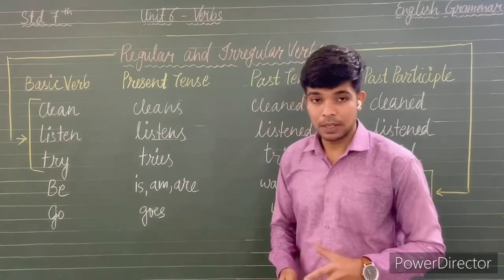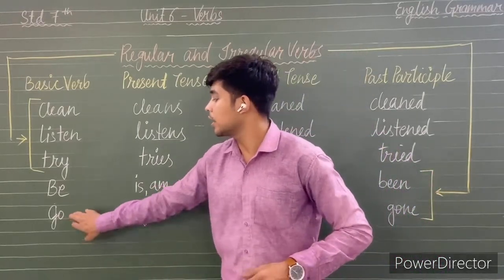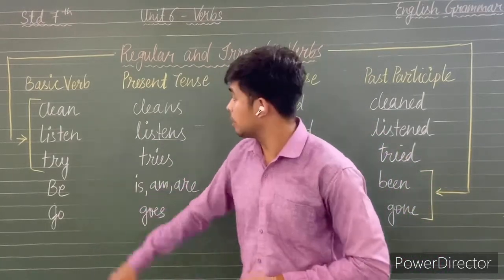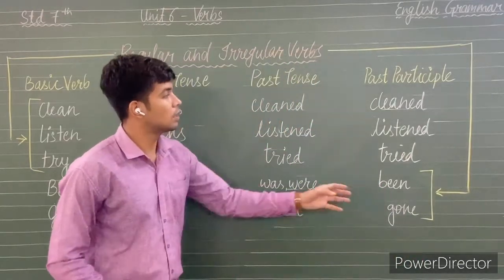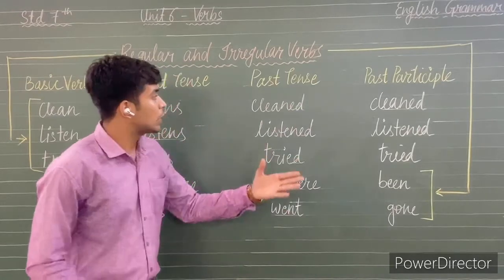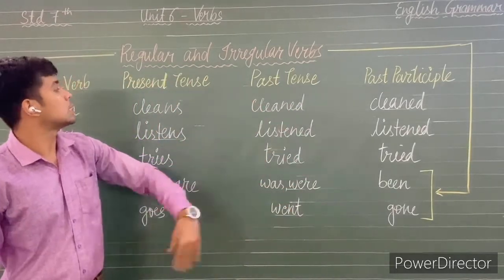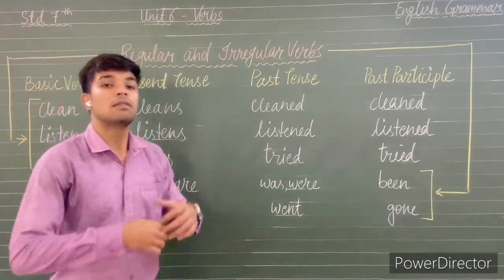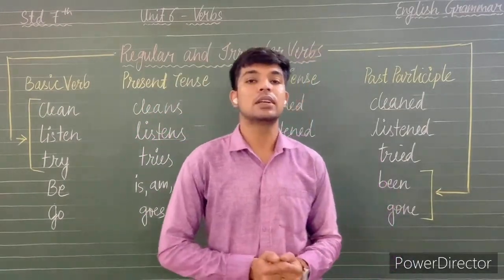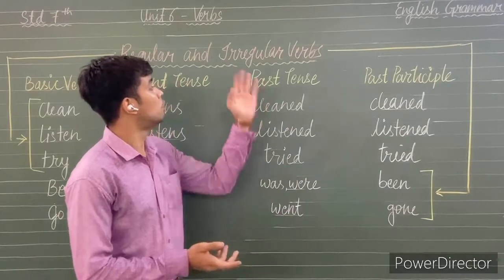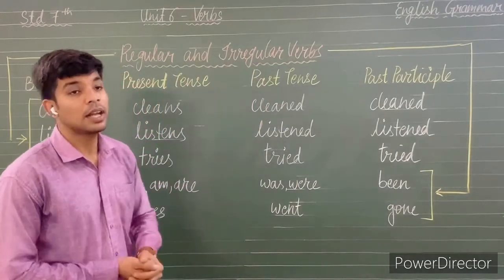So the examples like be and go, which are basic verbs, change fully when moving towards the past tense, past participle or the present tense. So that verb is basically known as an irregular verb, as it is written here.